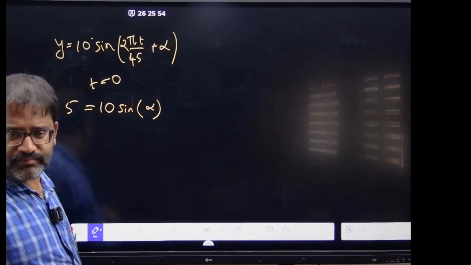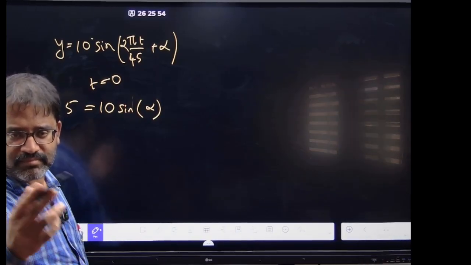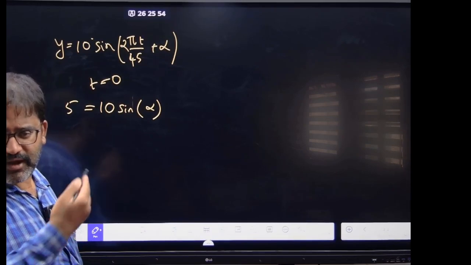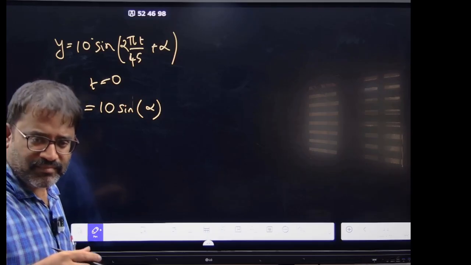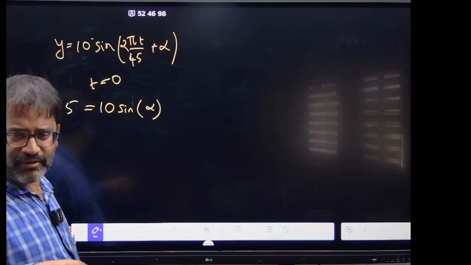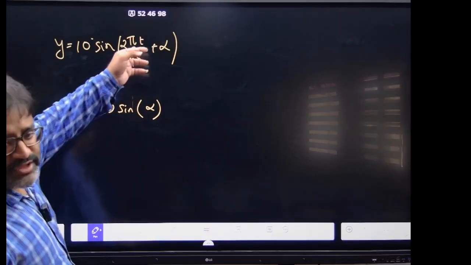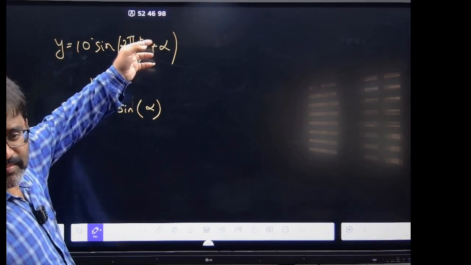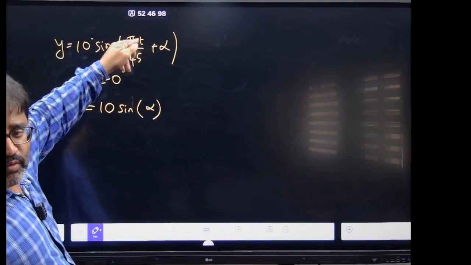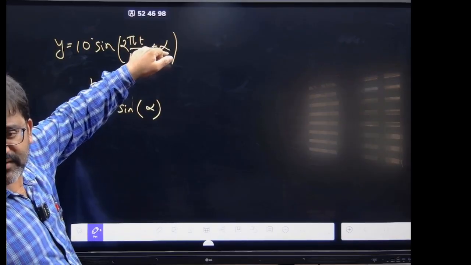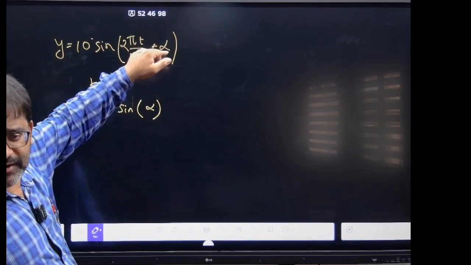Correct? Because t equal to 0, the whole term vanishes. What remains? Alpha remains.